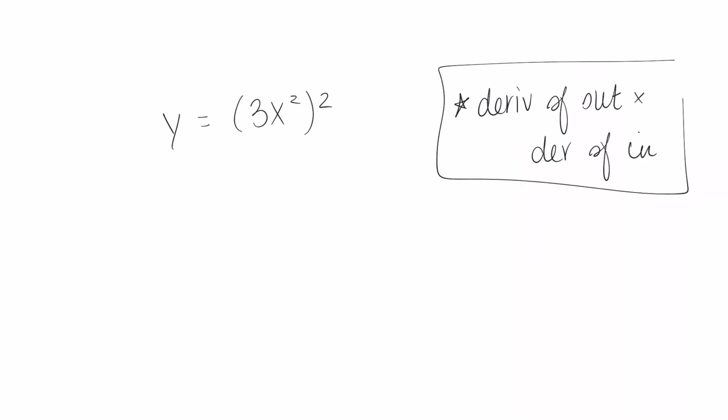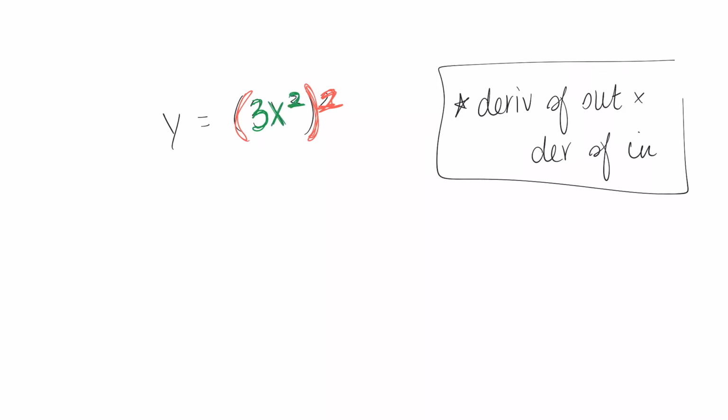Okay, that's what we say. So in this case, our outside is something squared. And our inside, I need a new green. Our inside is 3x squared.